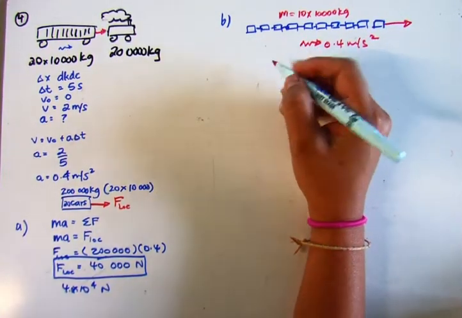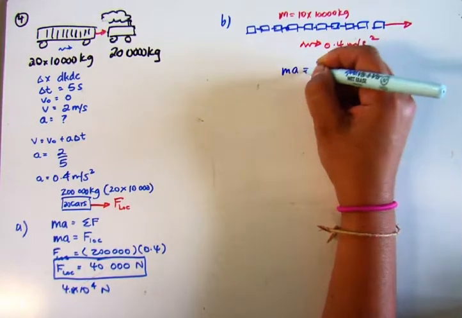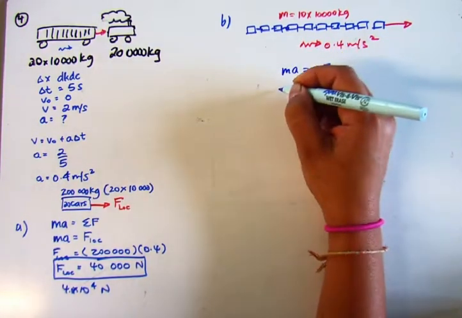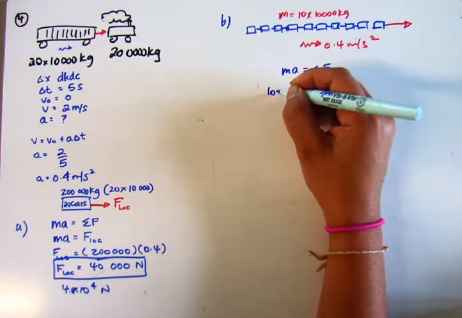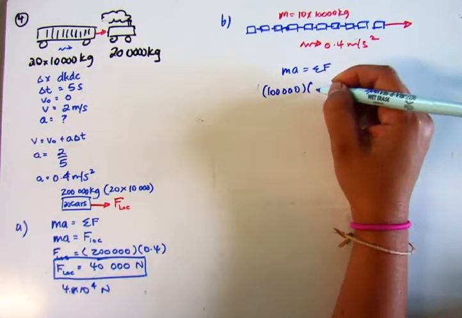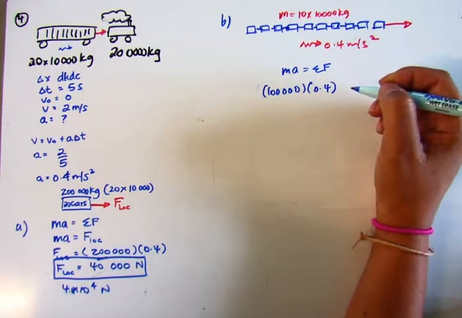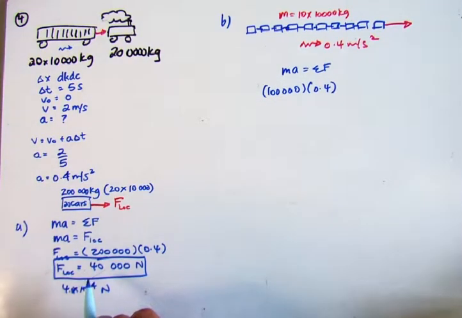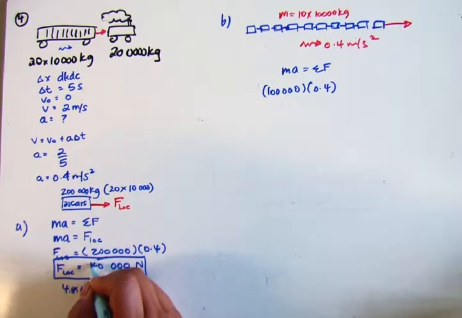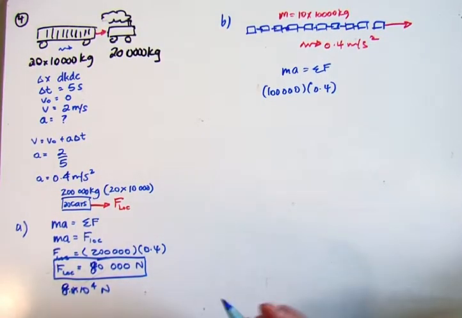So again, this becomes a fairly straightforward question. It's MA equals the sum of the forces. So in this case, it's 100,000 times acceleration. In this case is 0.4. Oops, I did this wrong. This was supposed to be 8. Look at that, I made a mistake. So this is 8.0 times 10. This is 80.